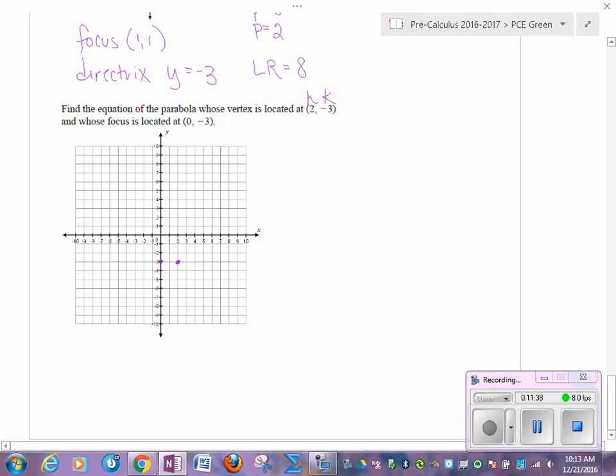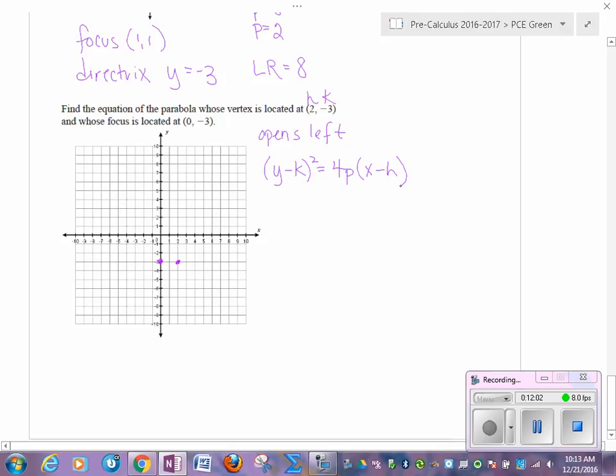So remember, the focus is always inside your parabola, so that means that given the information we have, we know that this is going to open to the left. So if it's opening to the left, I need to start with a y squared. So I need (y minus k) squared equals 4p times (x minus h).